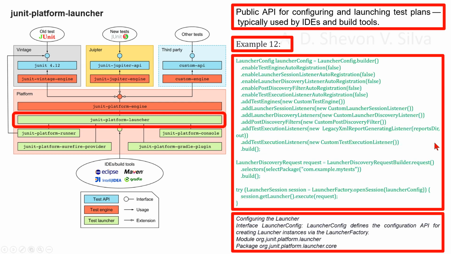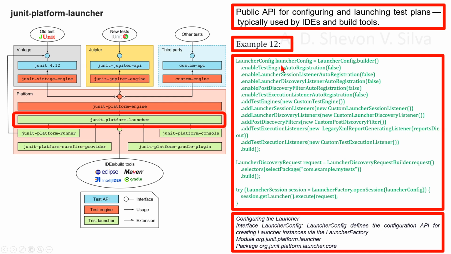As an example 12, we can consider configuring the Launcher. The interface LauncherConfig defines the configuration API for creating Launcher instances via the LauncherFactory. This is in the module org.junit.platform.launcher and package org.junit.platform.launcher.core.